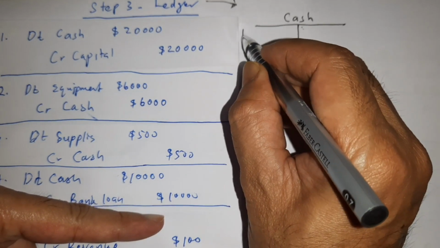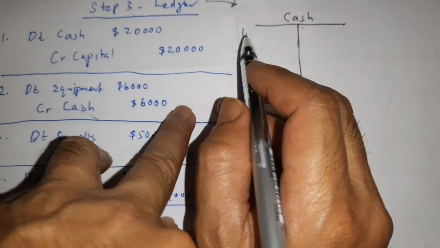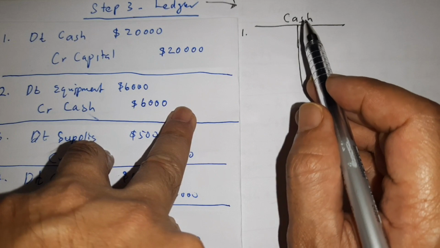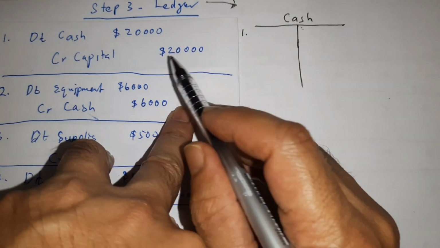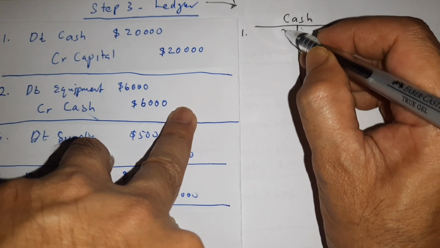You're supposed to write the date here, but now we use number 1, so we put number 1. This is the cash account, you debit cash 20,000.